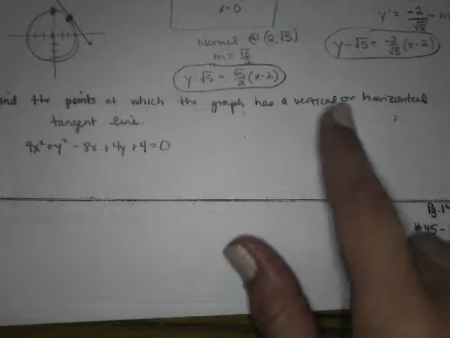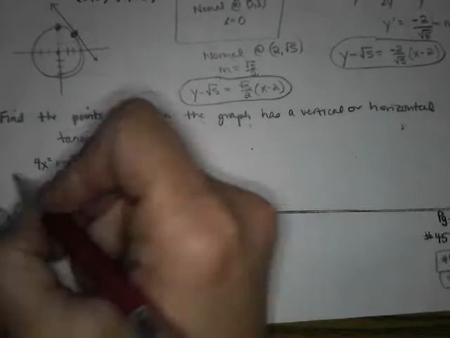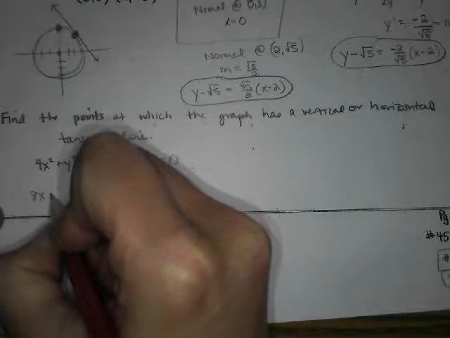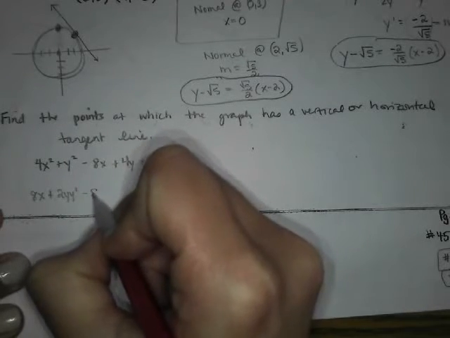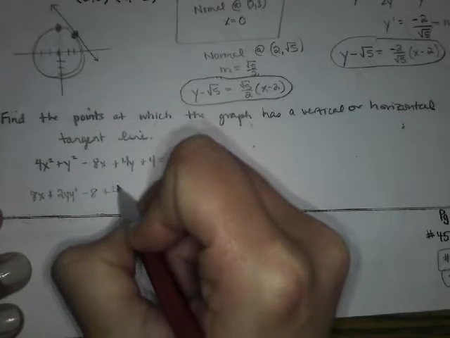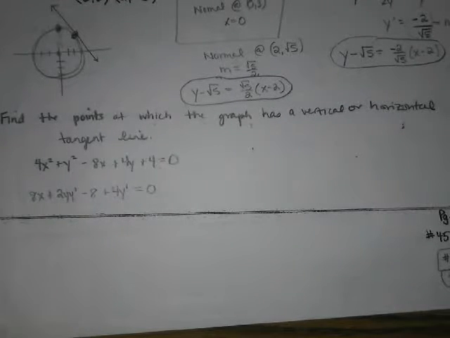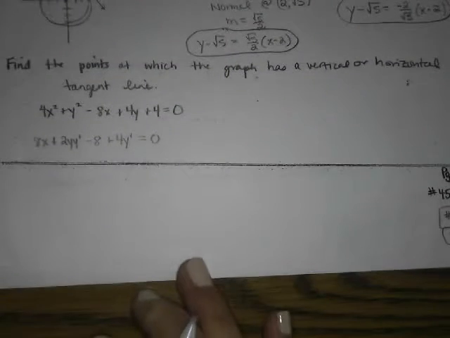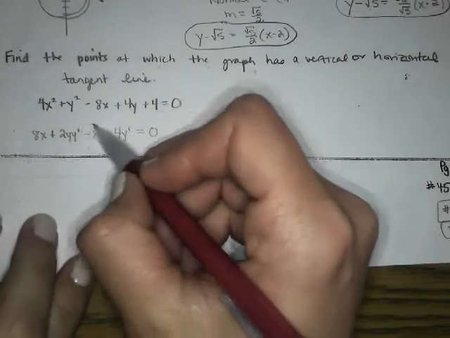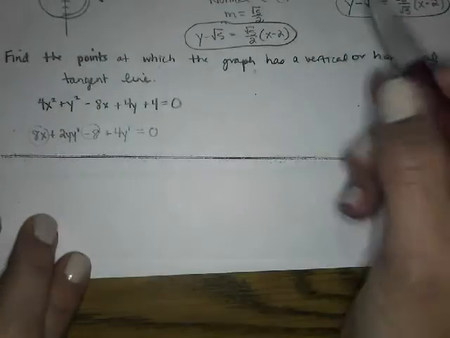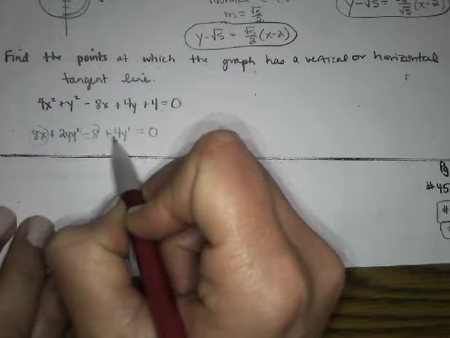So first, let's find the derivative. So we have 8x plus 2yy prime minus 8 plus 4y prime equals 0. I'm going to add my 8 over and also subtract my 8x over. While I'm at it, I'm going to factor out a y prime on the left.